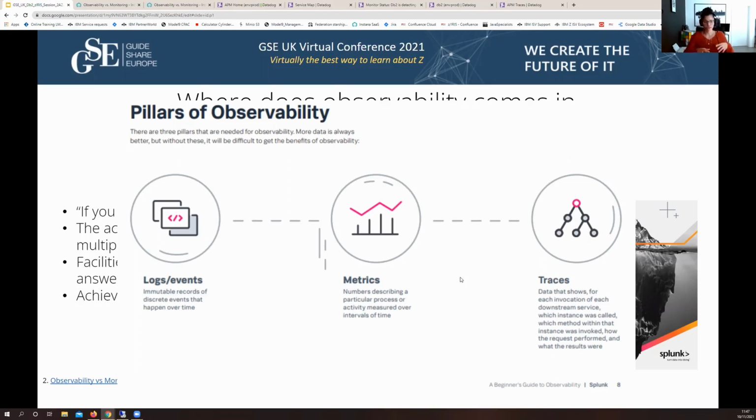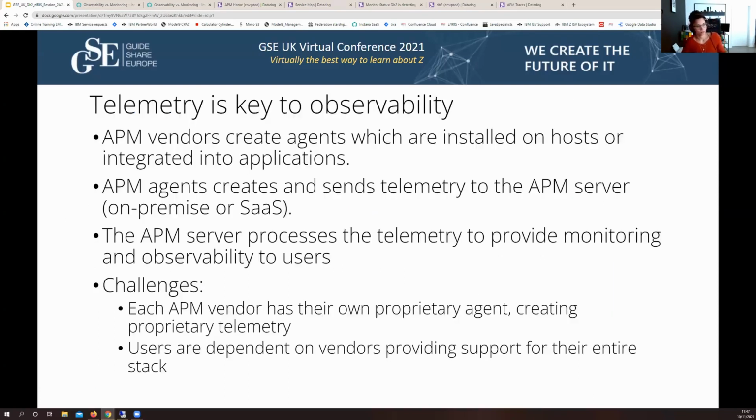And again, I'm just stressing, even though none of these things are new, observability isn't just creating it, but being able to expose it to our external systems. And when we expose this data, we refer to it as telemetry. So metrics, traces, and logs are telemetry collectively. And telemetry is the key to observability.